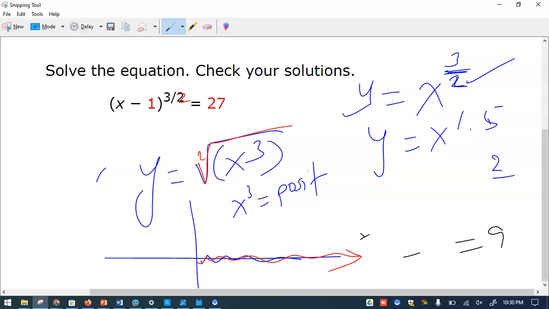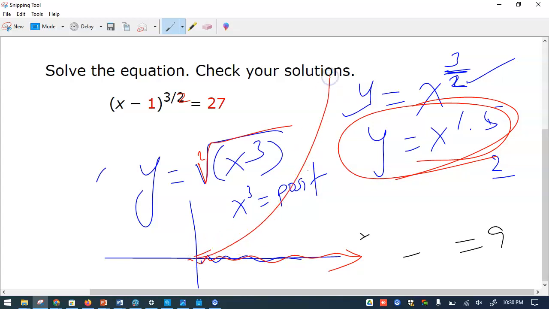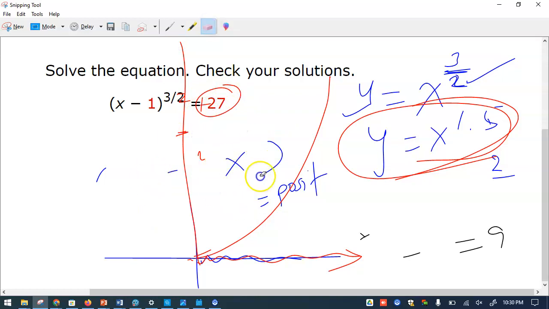So the graph of this is a power function, and it goes something like this. And you're asking, when is this going to be 27? So there will be 27 right here. So what is y equals 27? It's a constant function, a line parallel to the x-axis.